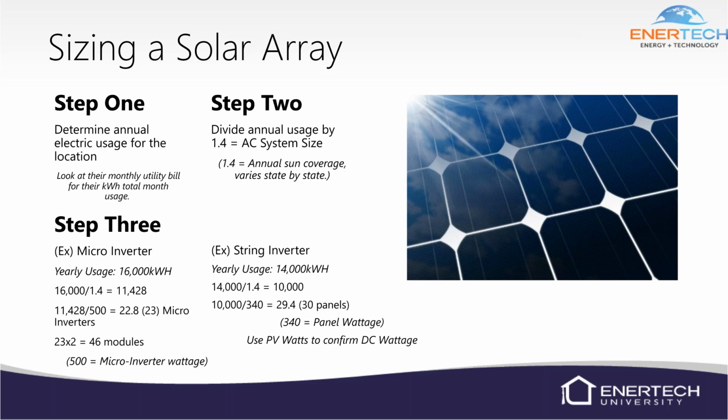Then we divide 11.5 kW by 500, which is just 500 watts for a microinverter, and we'll talk about those later. That's going to give us about 22.8, so 23 microinverters in that case.